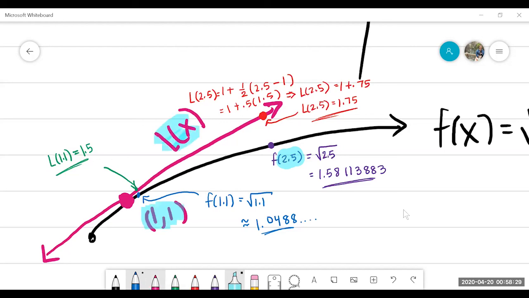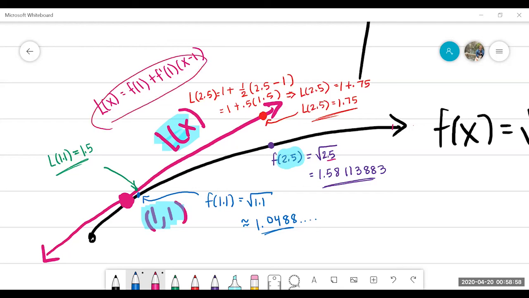The whole equation for L of x, so L of x was, we used f of 1 plus f prime of 1 times x minus 1, and it was all based on this x value down here, right? But the further away we get from this x value, 2.5, or even further away from that, some other points beyond on this curve, the less accurate this linear approximation gets.